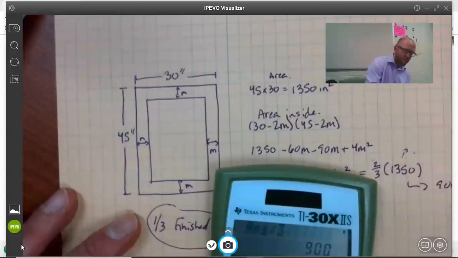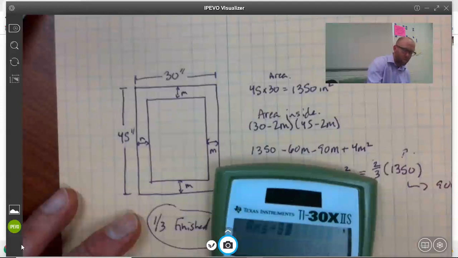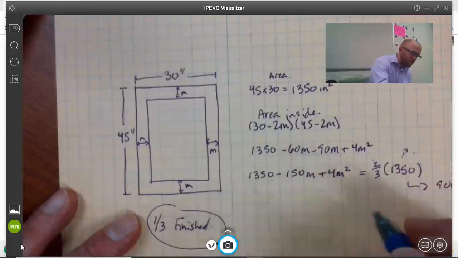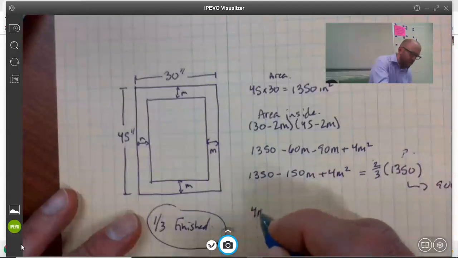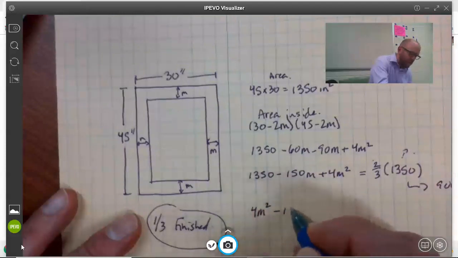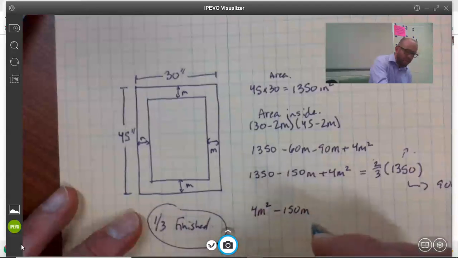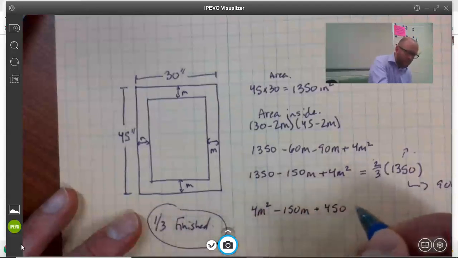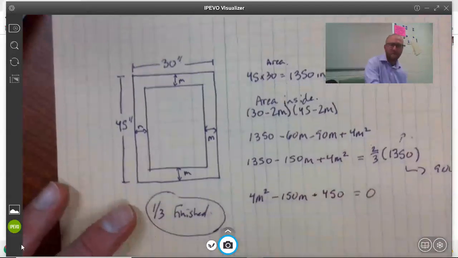So 1350 minus 900 is 450. So I get 4M squared minus 150M plus 450 equals 0.